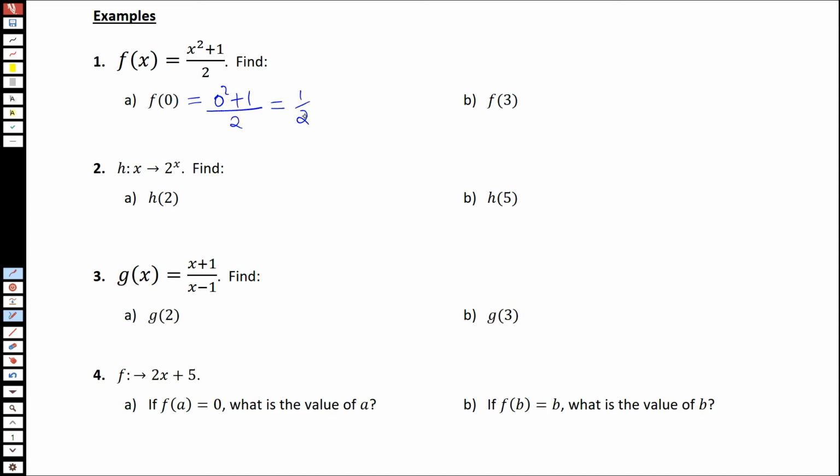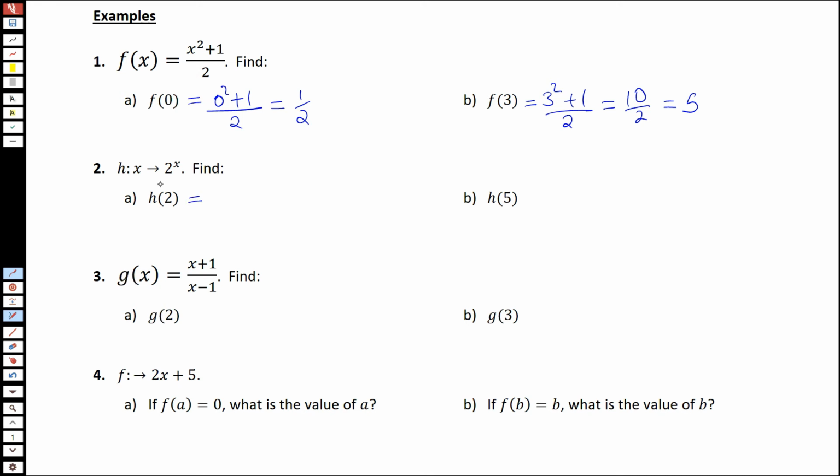So all you do is substitute 0 in place of x in this function. Now here we substitute 3 in place of x. So 3 squared plus 1 divided by 2, and that will be 10 divided by 2, which will be equal to 5.